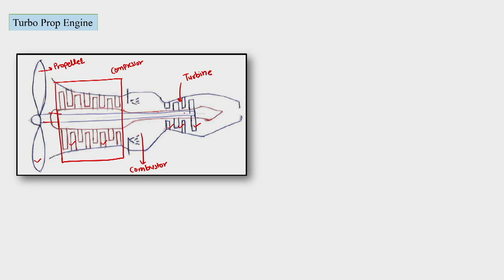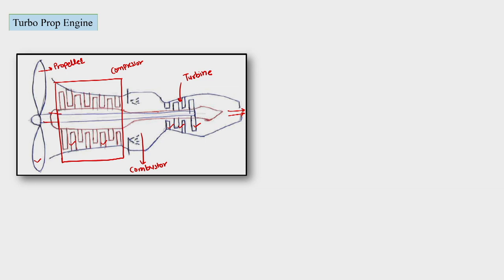So most of the energy extracted from the fuel and the flow is used to rotate the propeller, and the rest is passed through the nozzle. So there is partially small amount of thrust generated from the nozzle as well. So turboprop engine gets major thrust from the propeller, and this engine also gets used at the low speed applications and lower altitudes.